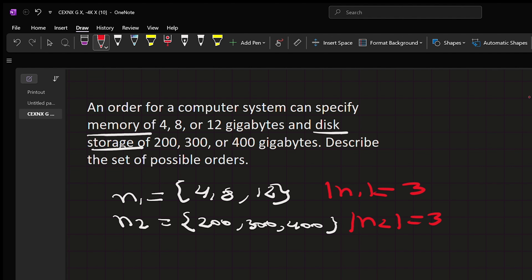In order to find all the possible orders or all the possible outcomes, we need to multiply these two numbers. So n1 times n2. That would be equal to n1, we know that is 3, times n2, which is 3, and our final answer would be 9. 9 would be all the outcomes that we can get from n1 and n2.